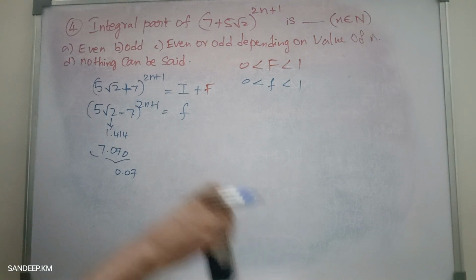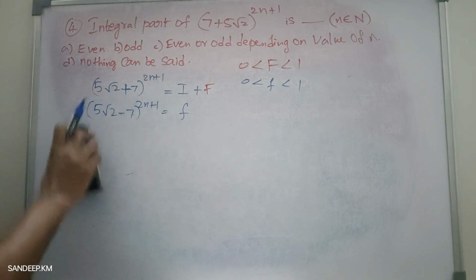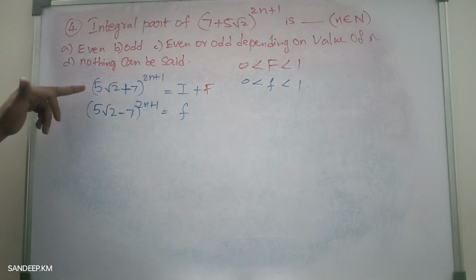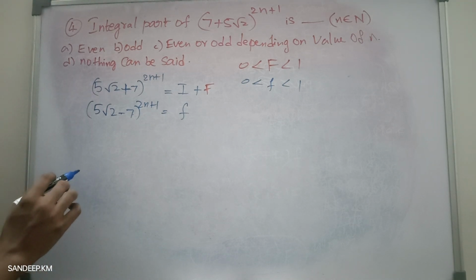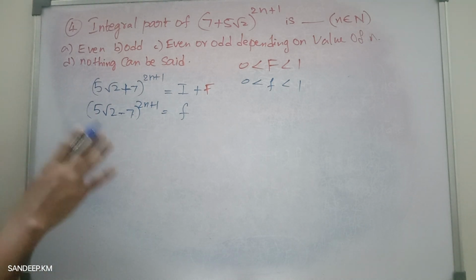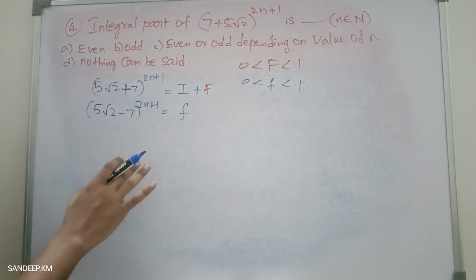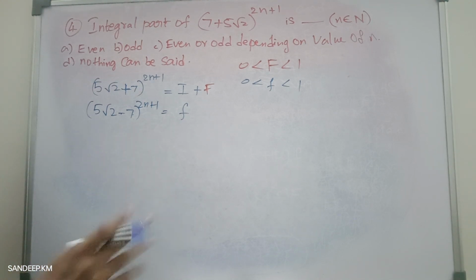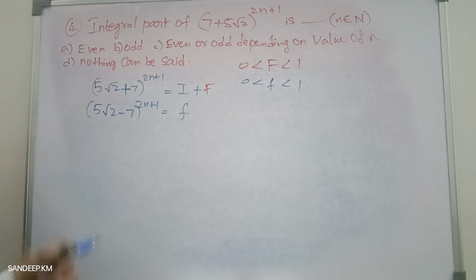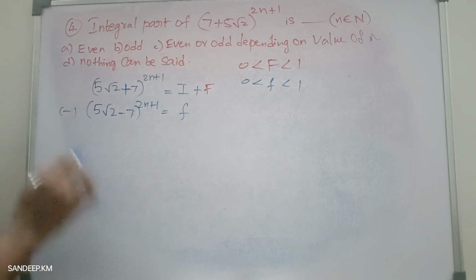Now, next we have to decide whether I should add these two or subtract. How do we decide it? Obviously, after adding or subtracting, the resultant expansion should not contain any irrational terms. So dear students, what if I subtract these two? Let us see.